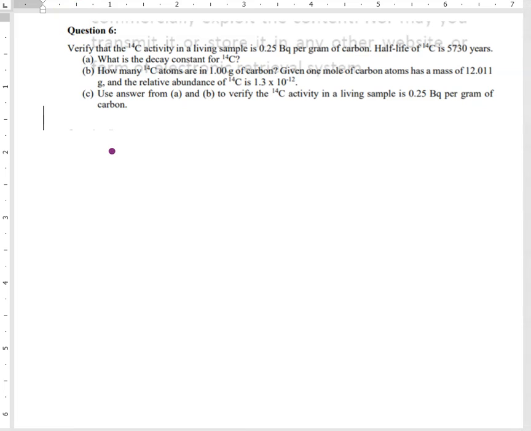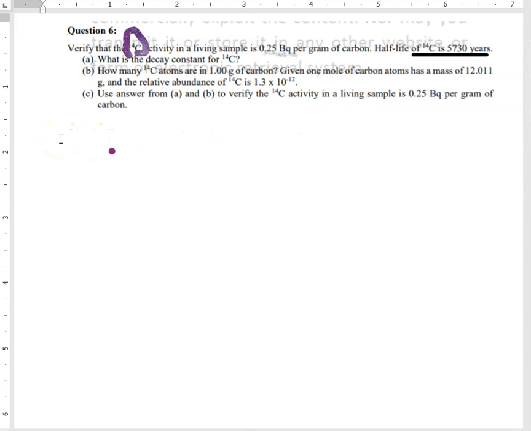So this is question number 6. Question number 6 gives you carbon as your main isotope. You are given the original activity for this carbon, which is equal to 0.25 becquerel per gram of carbon, and the half-life of this carbon is 5,730 years.